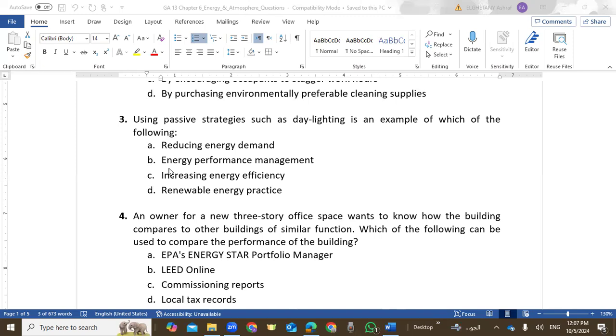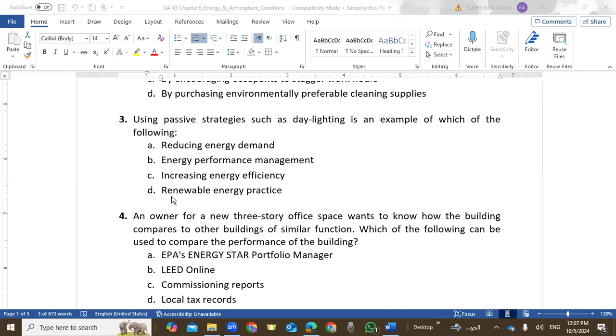So it's reducing energy demand. Yes, reducing demand. Now you understand very well the difference, because before, if I didn't explain, you would tell me efficiency. No, it's not efficiency.